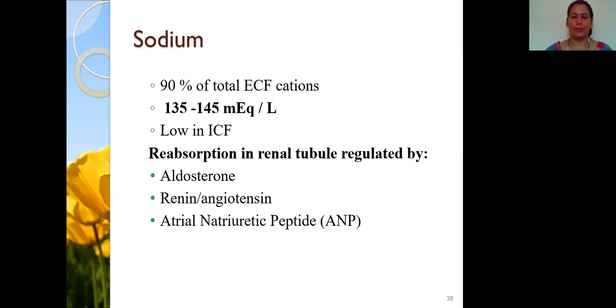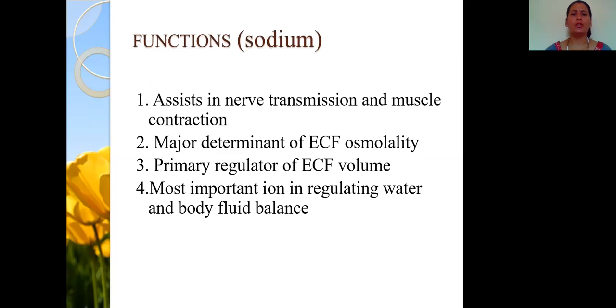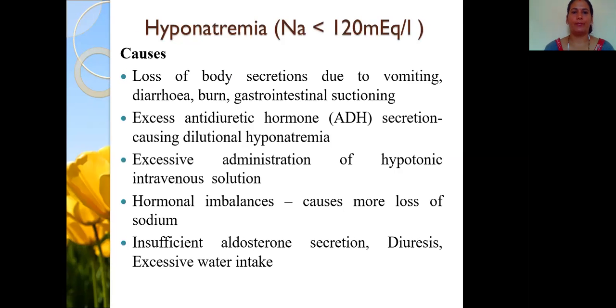Now, the function of sodium is to assist in nerve transmission and muscle contraction, it is a major determinant of extracellular fluid osmolality, and the primary regulator of extracellular fluid volume. And it is the most important ion in regulating water and body fluid balance.